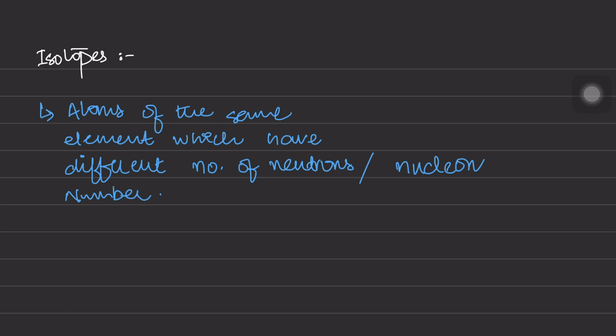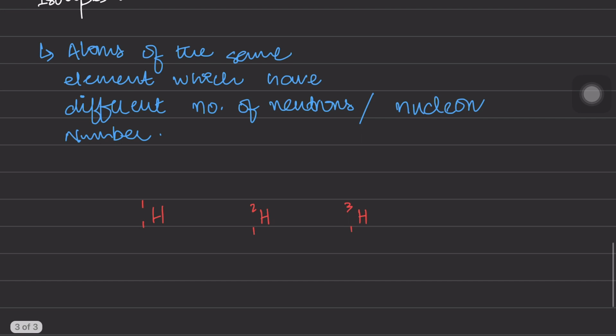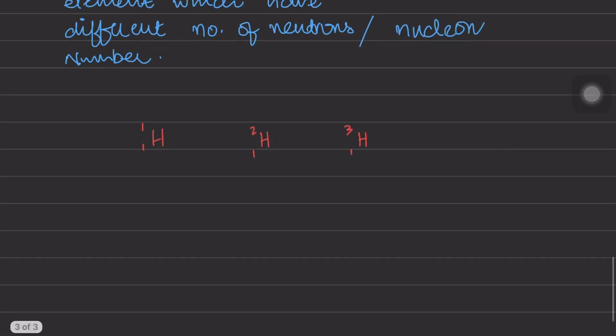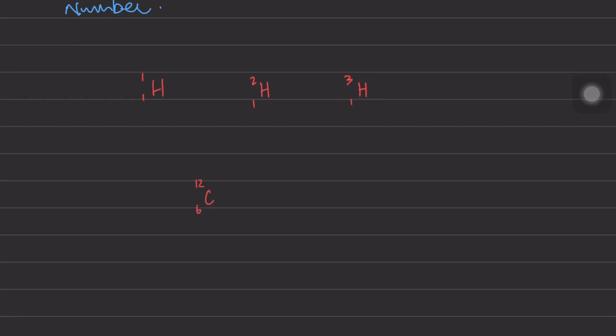For example, we have a few naturally occurring isotopes out there, like hydrogen, which you'd find like this. You would find carbon like this, carbon 12 and carbon 14.